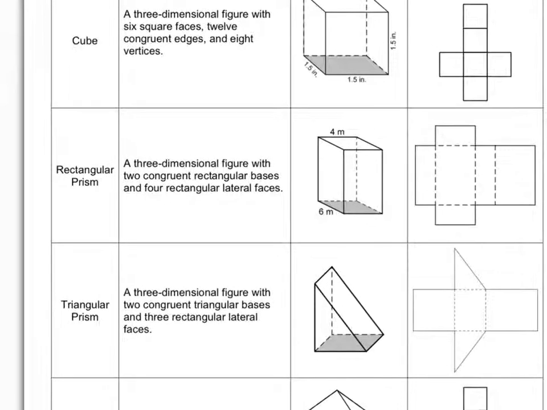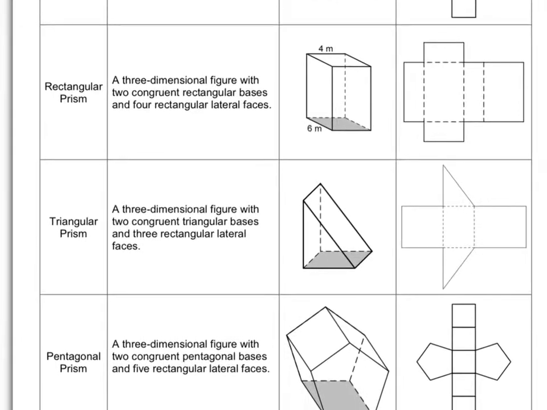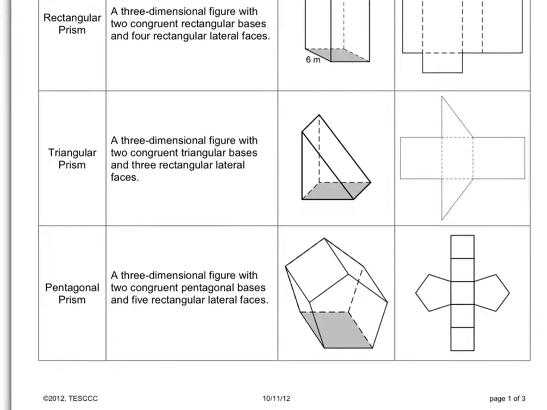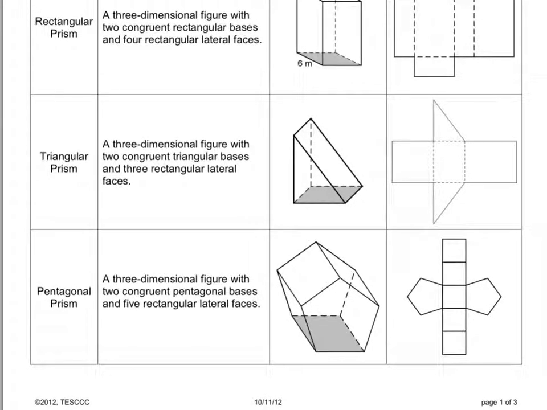Okay. Let's take a look at a triangular prism. A triangular prism is a three-dimensional figure with 2 congruent triangular bases and 3 rectangular lateral faces. So here are 2 congruent triangular bases and 3 faces.